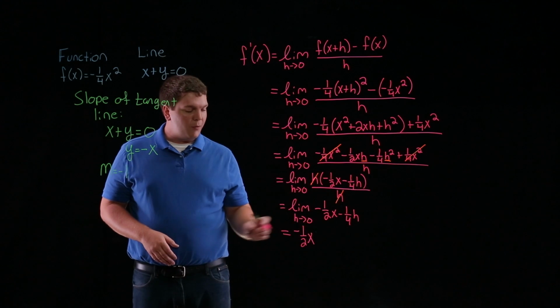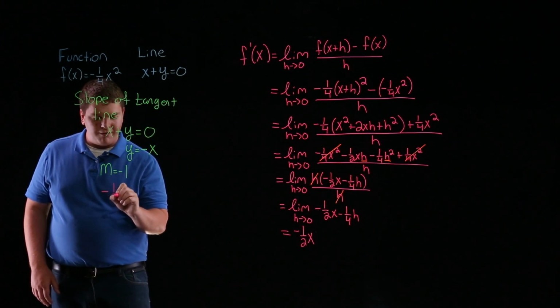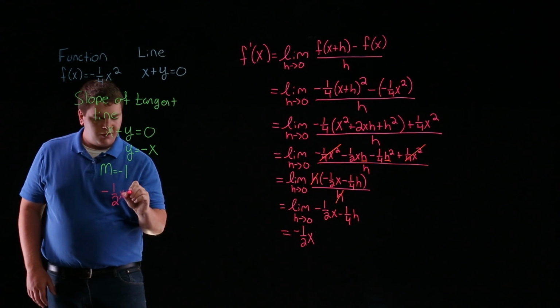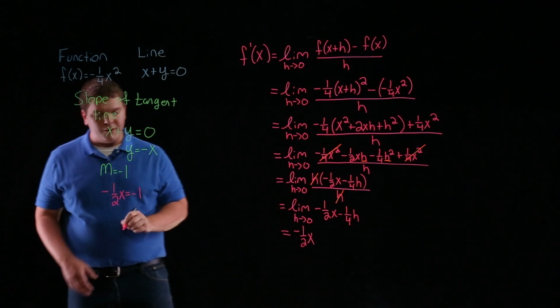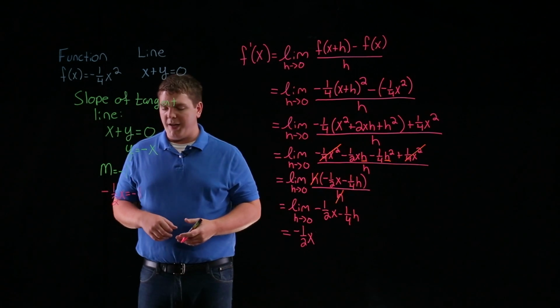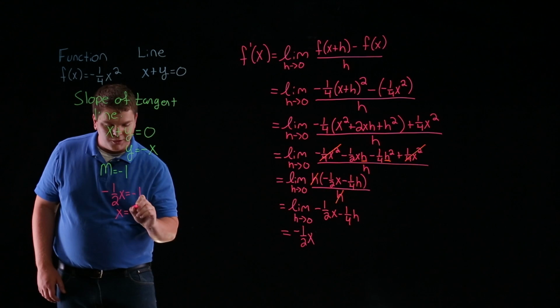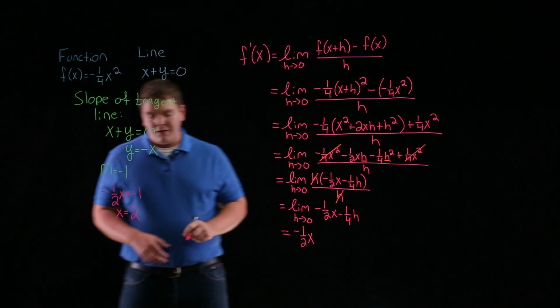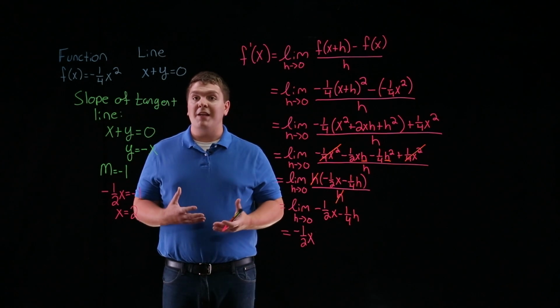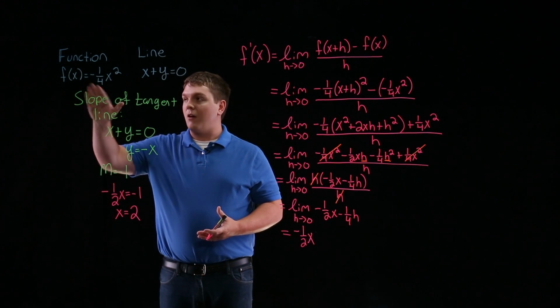So the equation that we want to solve is negative 1/2 x equals negative 1. Now we can multiply both sides of this equation by negative 2, and we have an x value of x equals 2. Now to find the point that our tangent line passes through, we can substitute this back into our original function.